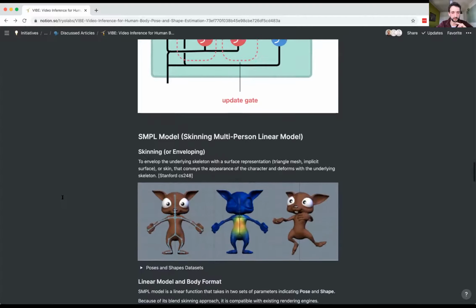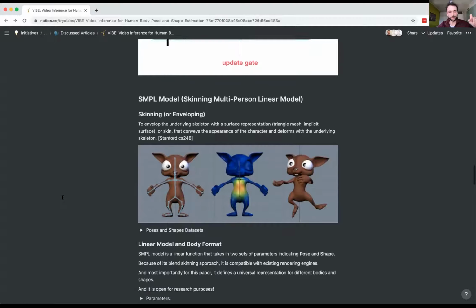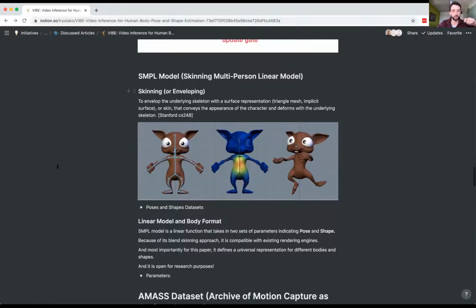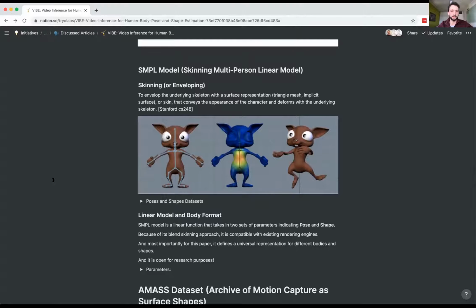And then finally, we have this other trick, and this is the SMPL model. We mentioned in the beginning that the AMASS dataset had a universal format, and that the generator outputs this universal format, and this is the SMPL model.